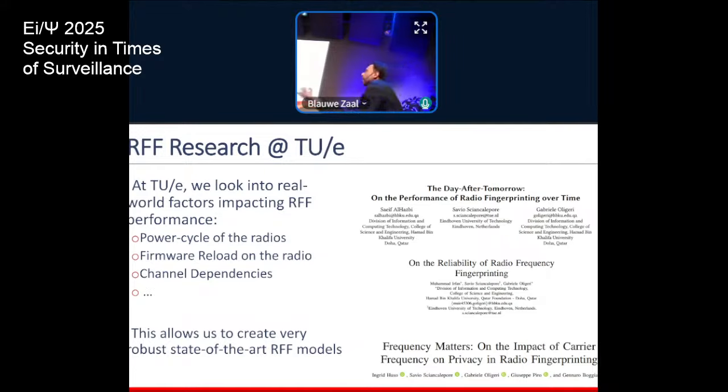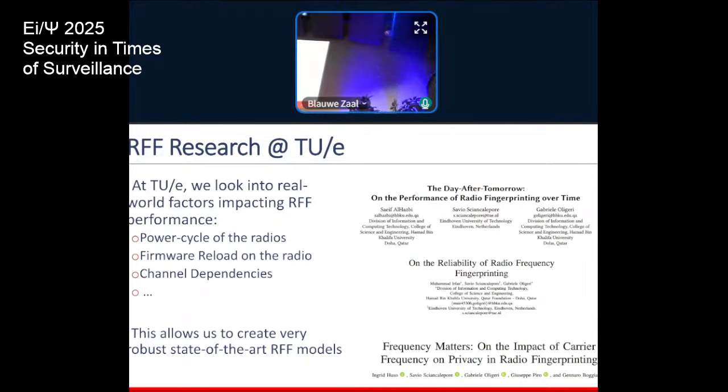This is the angle of the problem of using radio frequency fingerprinting as a security feature. However, if you are familiar with security and privacy aspects, you may also have noticed that this can be used the other way.